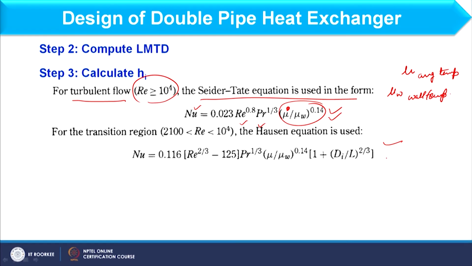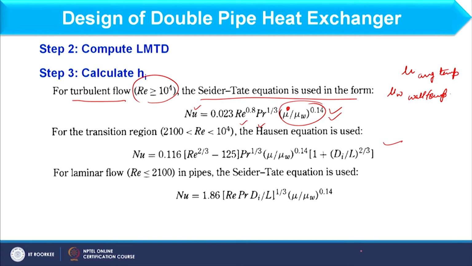And further, if I am having laminar flow where Reynolds number is less than or equal to 2100, we will consider the Sieder-Tate equation again, but the equation will be slightly different because here Nusselt number is a function of d_i by L along with Reynolds number and Prandtl number. According to the type of flow, you can apply the respective equation to calculate the heat transfer coefficient at the inner side of the pipe.